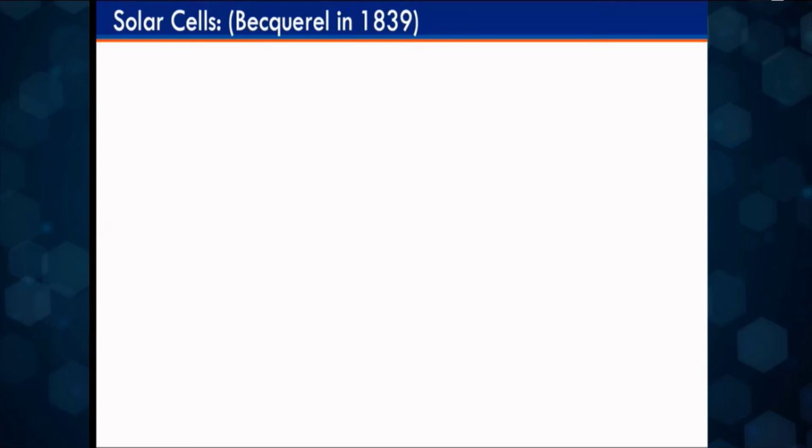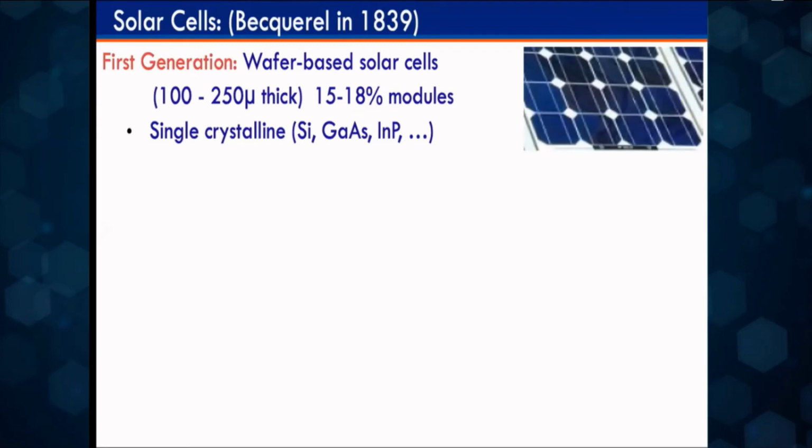Soon after that, there was a flurry of activity in this field. This is a very important field, for making use of renewable energy by converting it into electrical energy. Eventually, sometime around the 1940s at Bell Laboratories, the first generation solar cells were wafer-based solar cells.